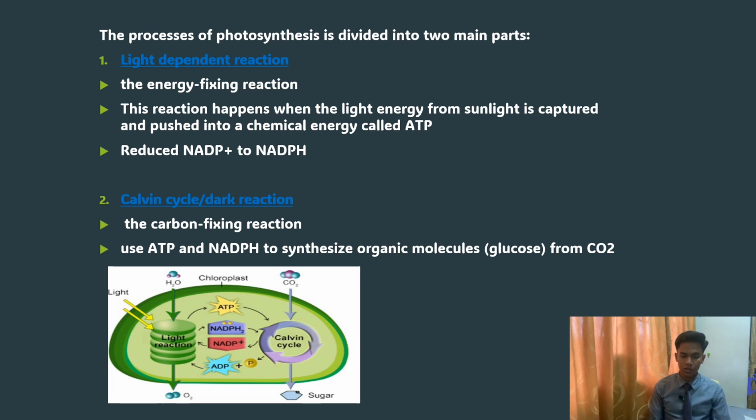This process also reduces NADP plus to NADPH. For the Calvin cycle, it is the carbon fixing reaction, and the Calvin cycle uses ATP and NADPH to synthesize organic molecules, or we call glucose, from CO2.